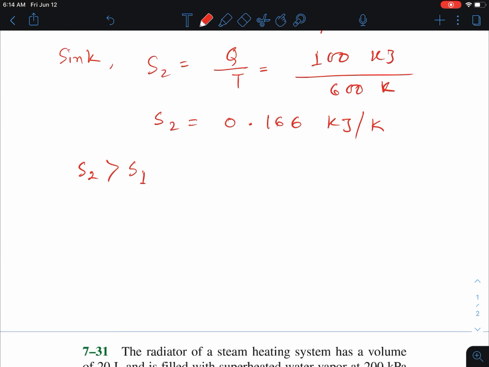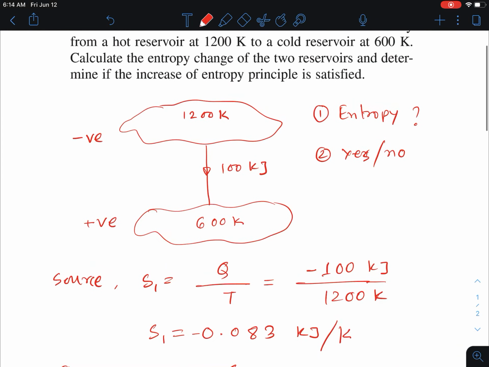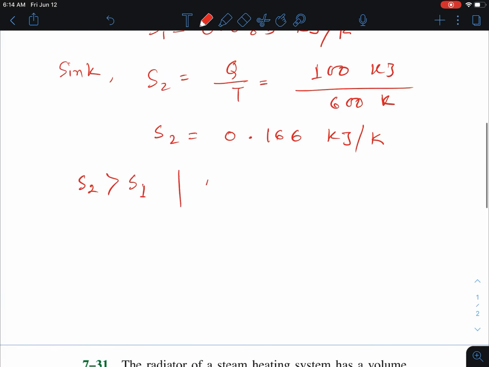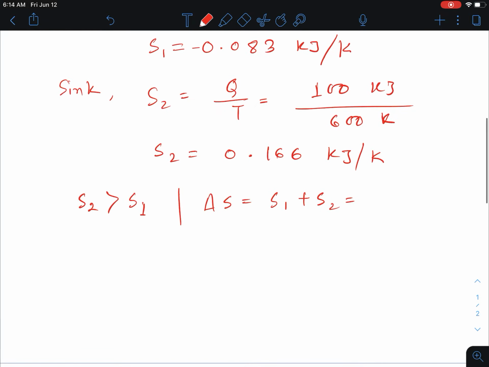So the first question was: what is the change of entropy in the two reservoirs? The change of entropy, delta S, equals S1 plus S2, which is negative 0.083 plus 0.166.